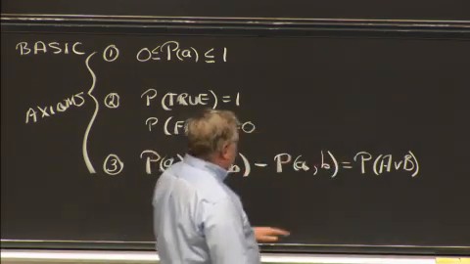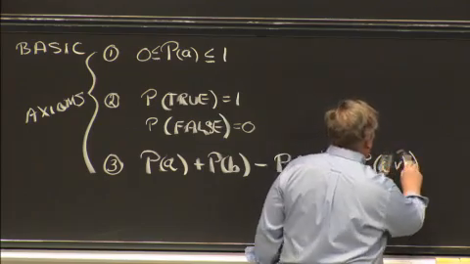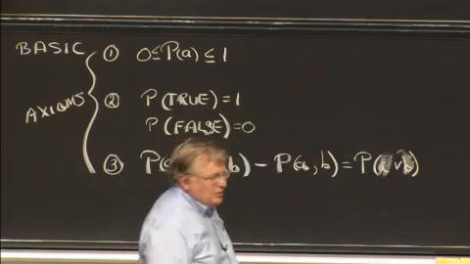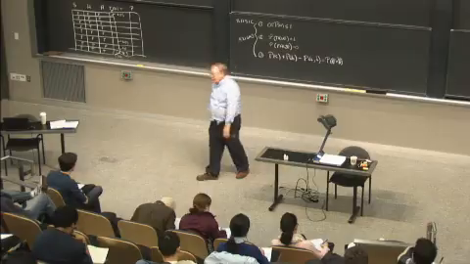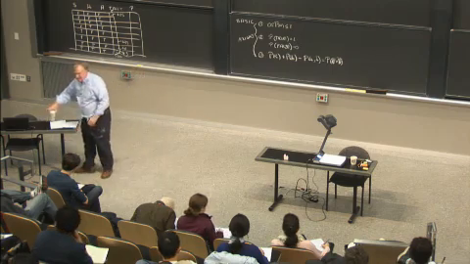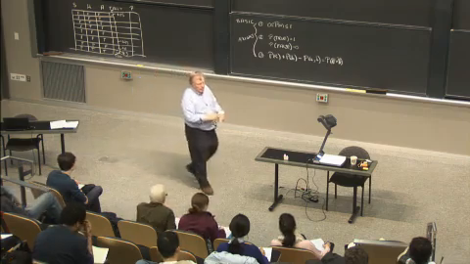I guess it would make more sense if I didn't switch my notation in midstream, A and B. So those are the axioms, and mathematicians love to start up that way, and they can derive everything there is to derive from that. But I never can deal with stuff that way. I have to draw a picture and think of this stuff in a more intuitionist type of way.